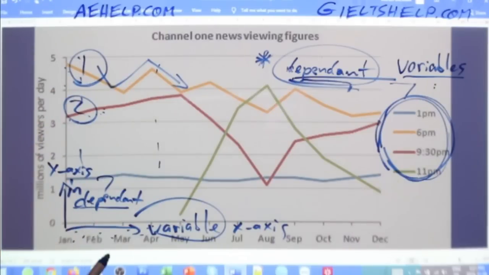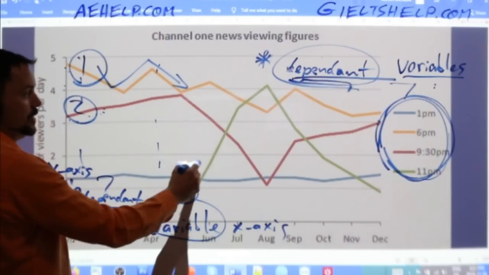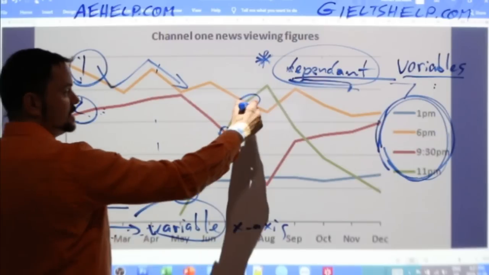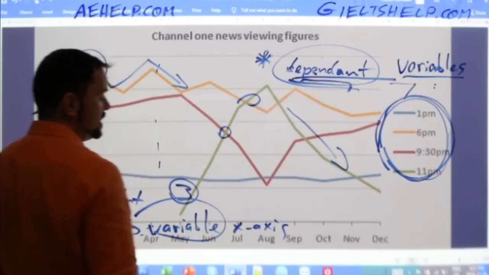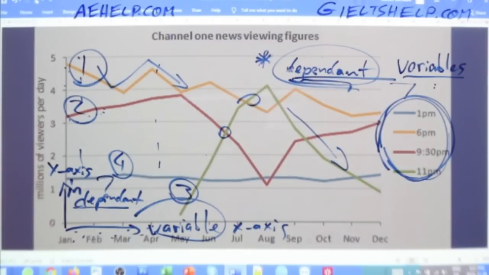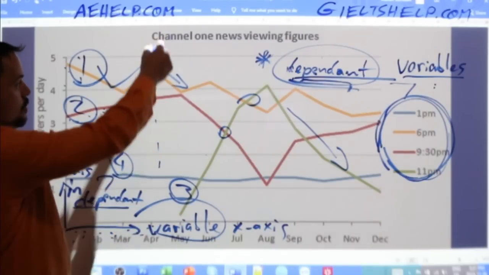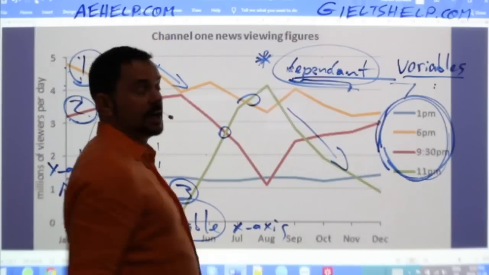Then third, I would discuss the 11 p.m. news, the changes, these points here, the rapid declines. And then fourth, I would describe the 1 p.m. news. That's going to be much easier than going month by month and trying to describe what's happening in each of these times throughout the year.